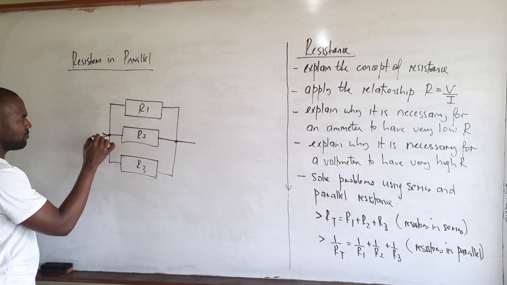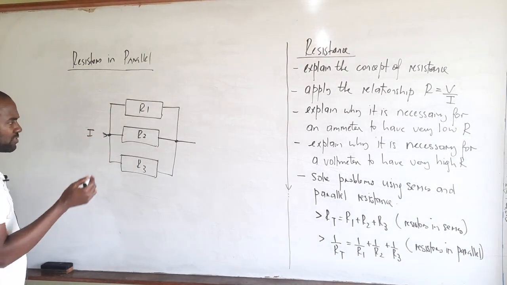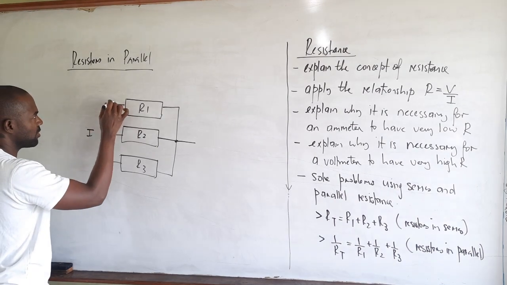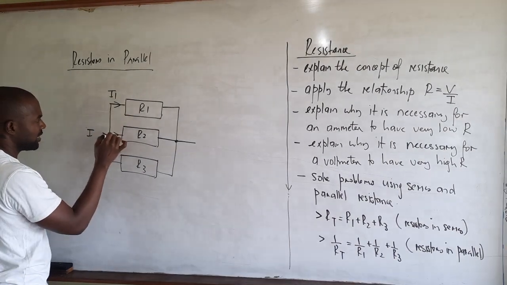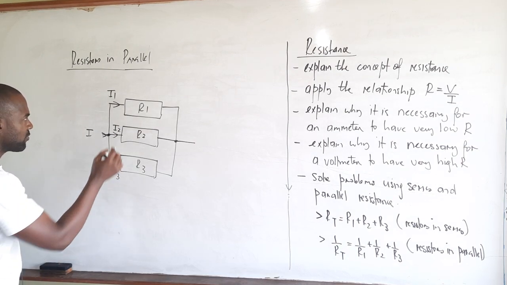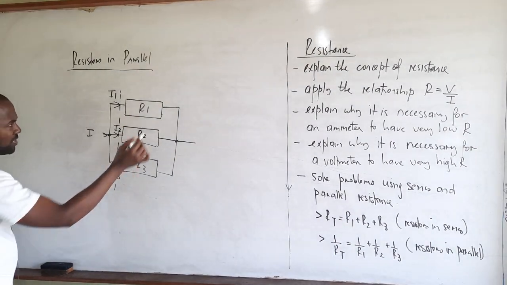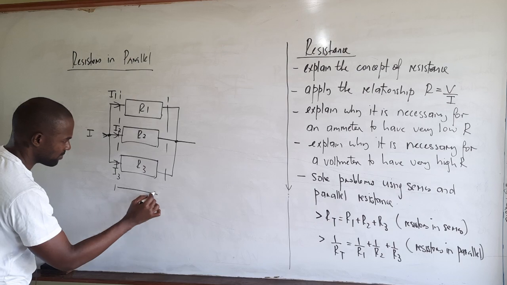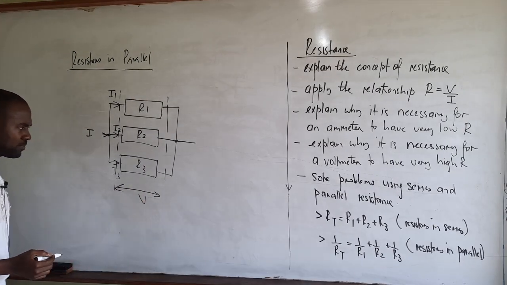So once again, when you looked at parallel circuits before, if there's a current flowing here, then there's going to be a current I1, current I2, current I3, right? And of course, we established that the PD across them will be the same. So the PD is V, right?